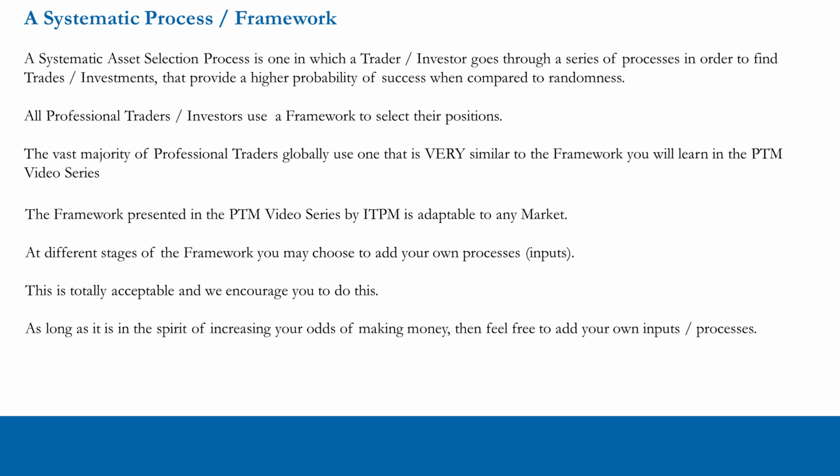What is it? In the broader context, a systematic asset selection process is just a process in which a trader or investor goes through a series of processes in order to find trades and investments that provide a higher probability of success when compared to simple randomness.